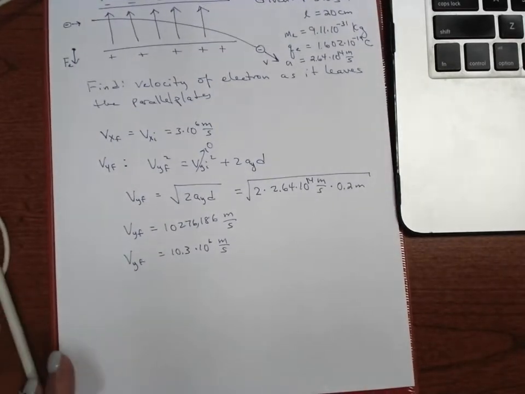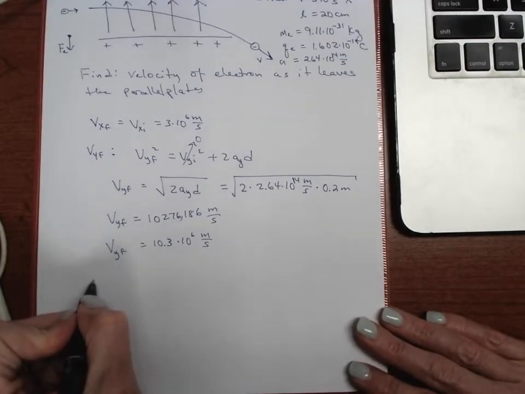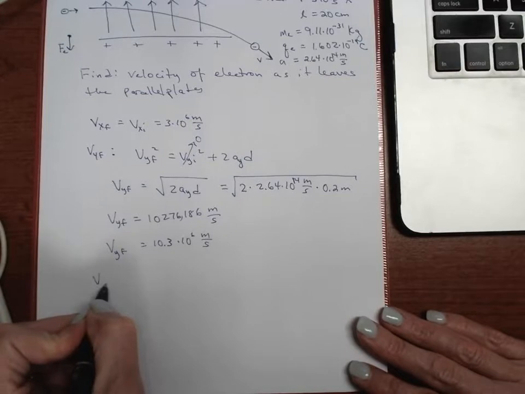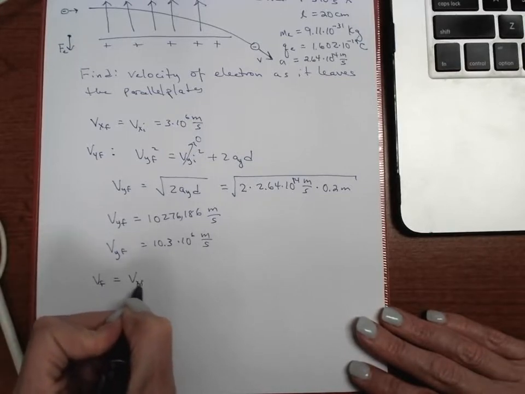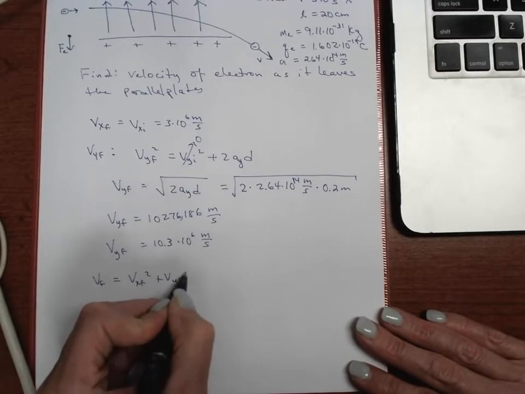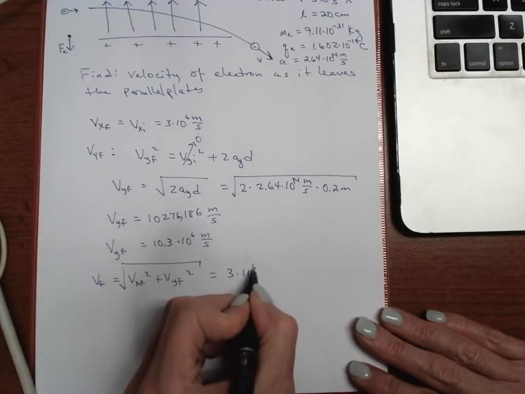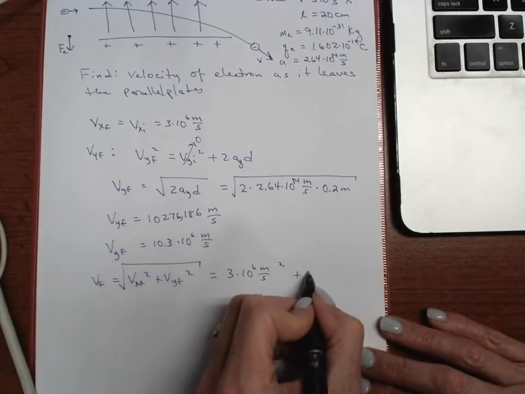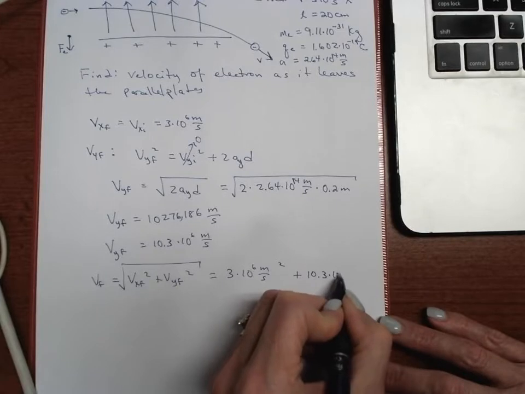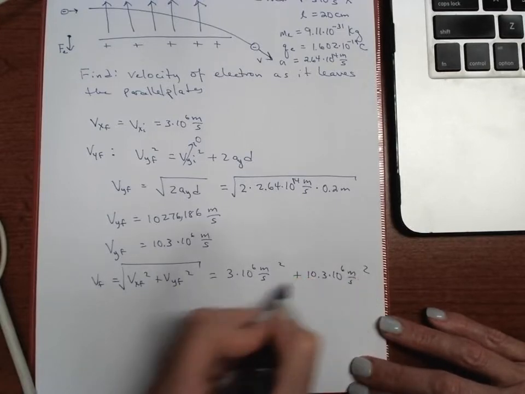Now to find the magnitude and direction, V final is equal to the square root of Vx final squared plus Vy final squared. Plugging that in, I'm going to have 3 times 10 to the 6th meters per second squared plus 10.3 times 10 to the 6th meters per second squared, square root.